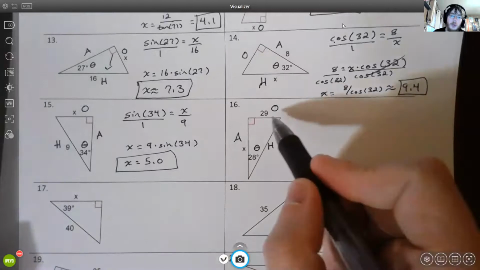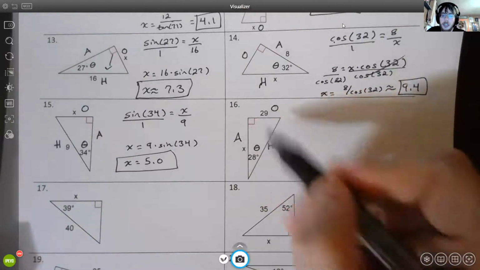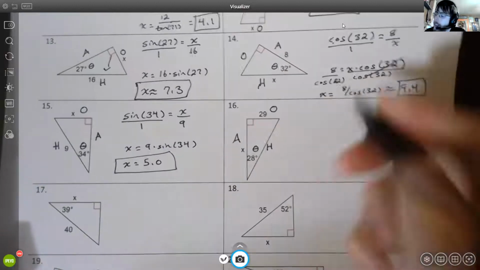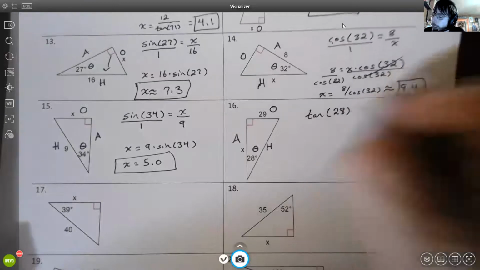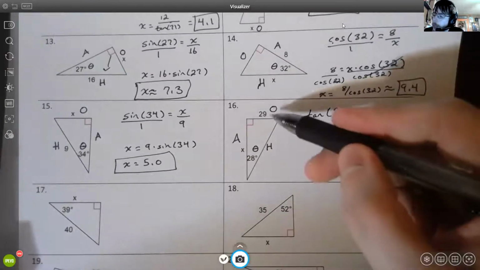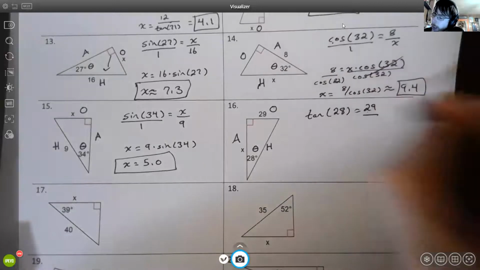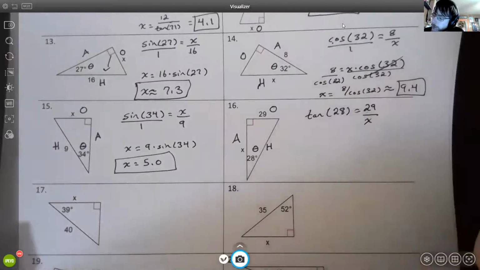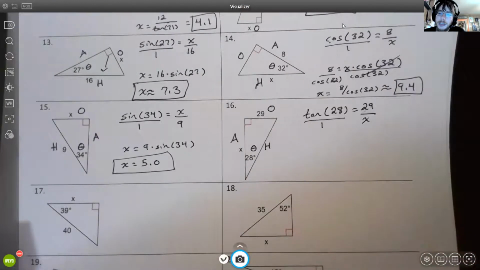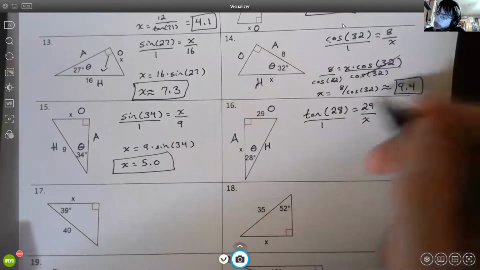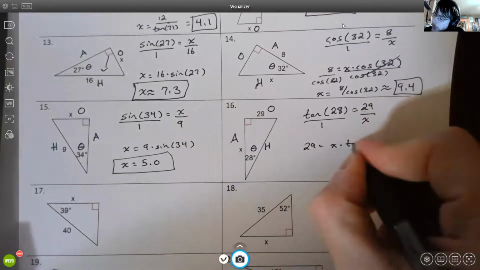So we have O, and we want to find A. So we're going to need to use O and A. So tangent is our trig function. So tangent of 28 is equal to O over A. So O is 29 over A, which is x. Place the tangent of 28 over 1, and when you cross multiply, 29 is equal to x times tangent of 28.